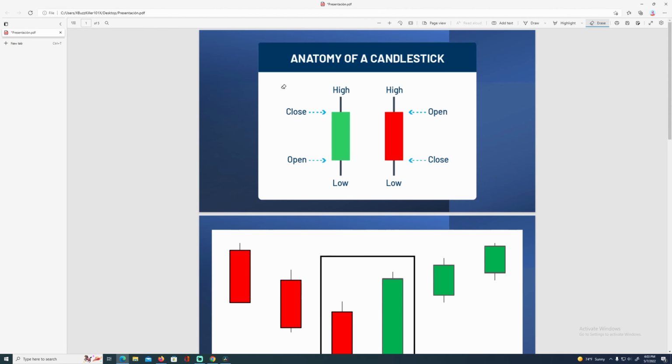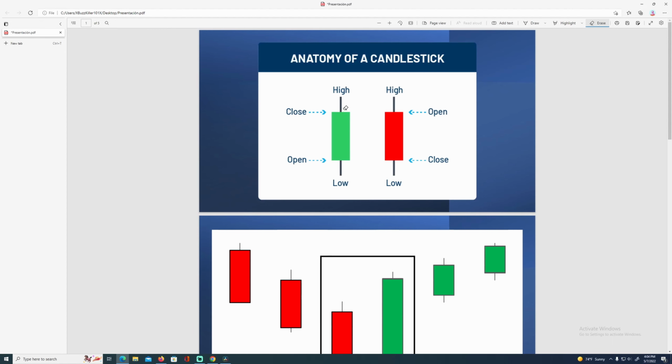If you have selected the 4 hour, that will be the high of the 4 hours; if you have the daily, the high of the daily. The low of the candlestick is the bottom of the wick, and it's the same thing: the low of the 4 hours, or the low of the day on a daily candlestick.